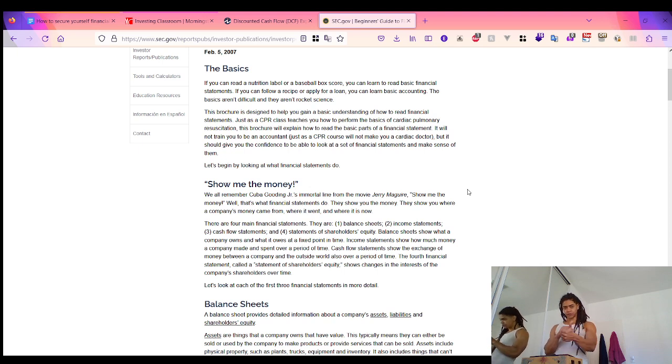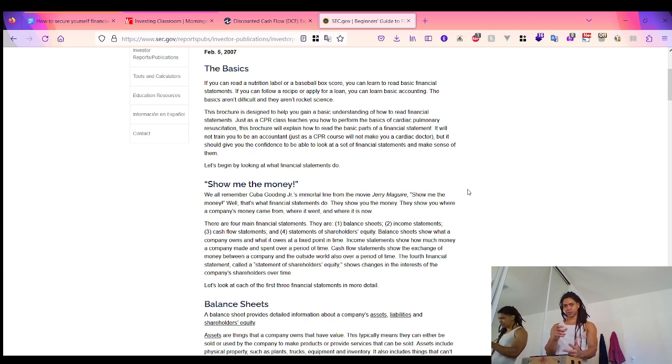The balance sheet shows what a company owns and what it owes at a fixed point in time. The income statement shows how much money a company made and spent in a period of time.